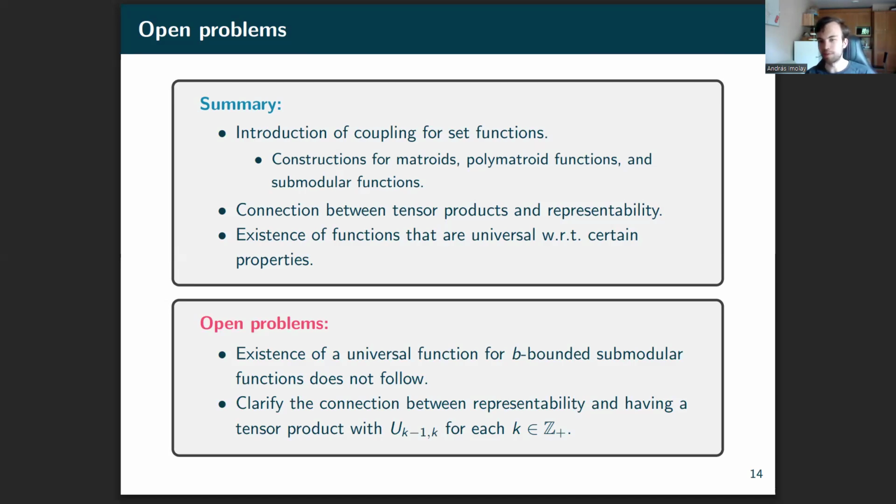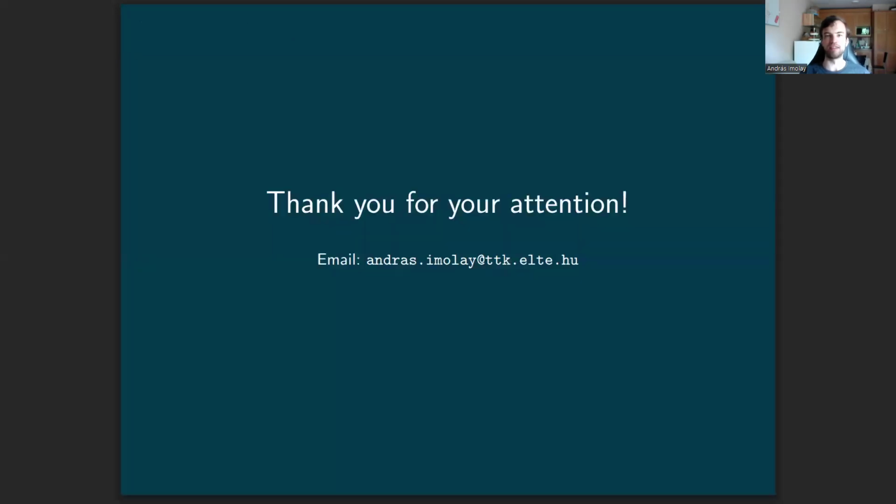We could only prove that increasing submodular functions have a universal function, but for general b-bounded ones we don't know, and we don't have a counterexample either. Also, it would be really interesting to clarify the connection between representability and tensor products. Maybe even just the tensor products with these uniform matroids can somehow characterize the representability of matroids. That's all I want to say.